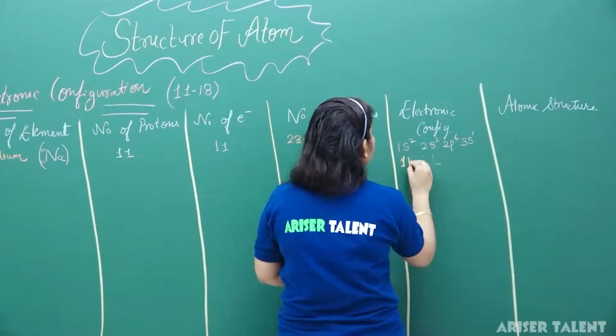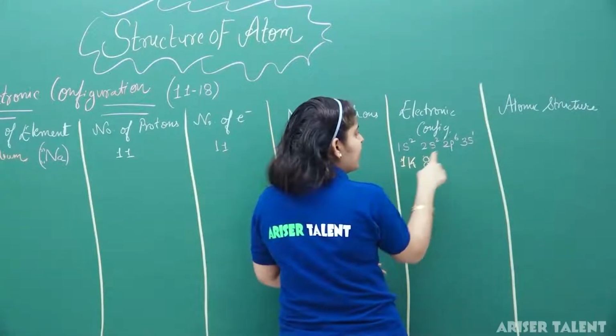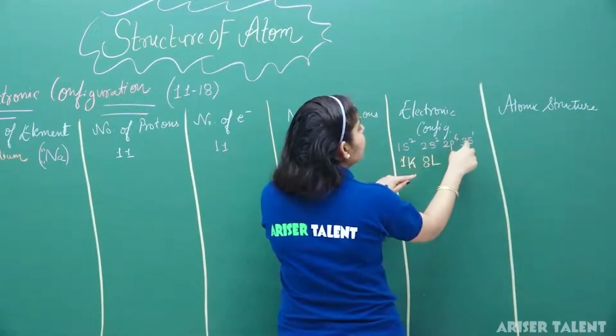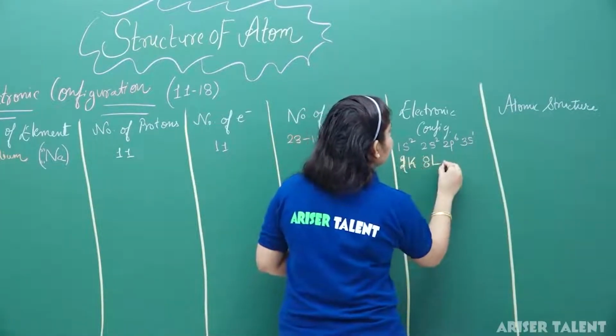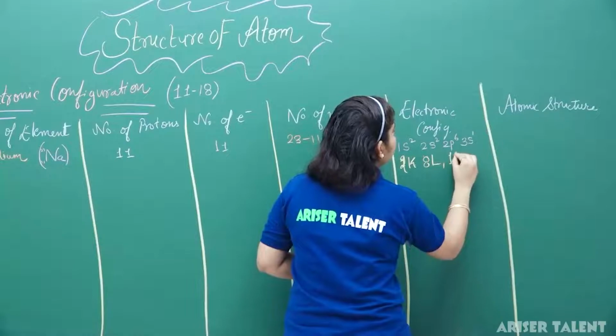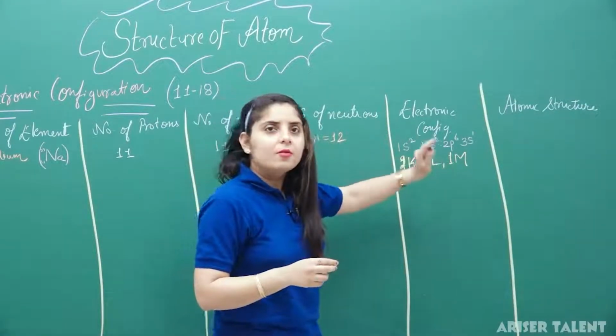So, 2 in K, 8 in L, and 1 left over, which will be accommodated by the M shell. So, the electronic configuration will be 2, 8 and 1.